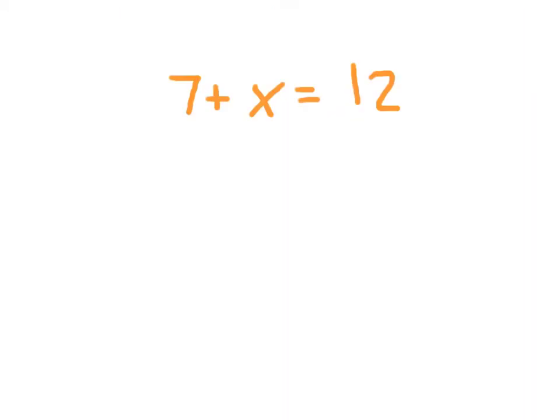Here we have another algebraic equation. 7 plus x equals 12. 7 plus some number equals 12. 7 plus what equals 12 might be going through your mind. 7 plus 5 equals 12. Right. So x equals 5.